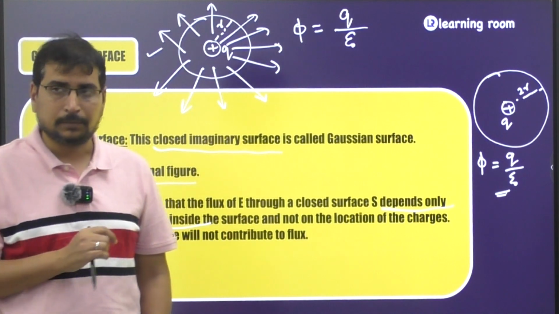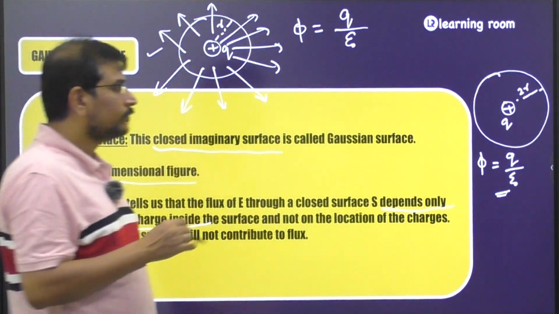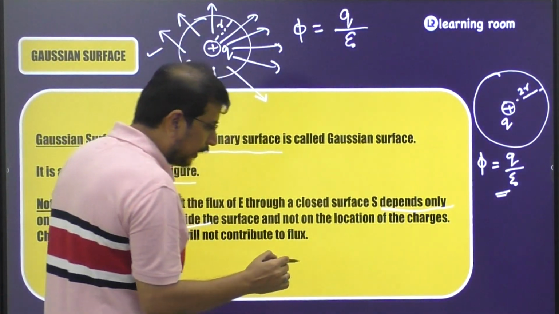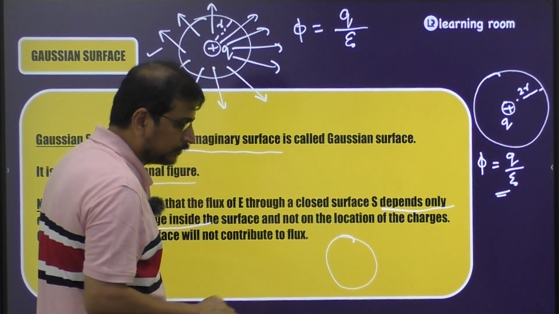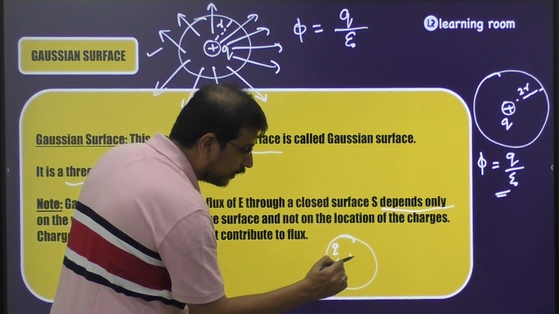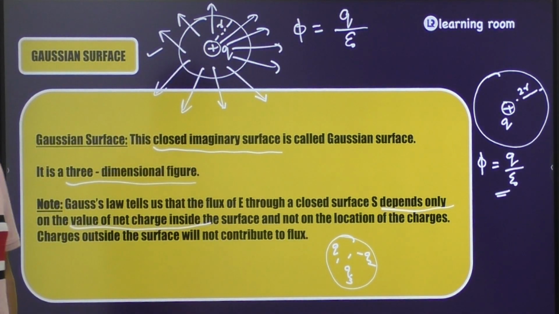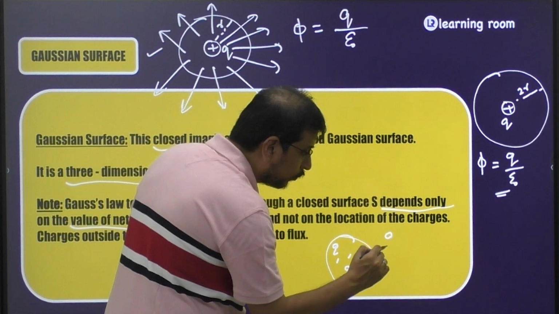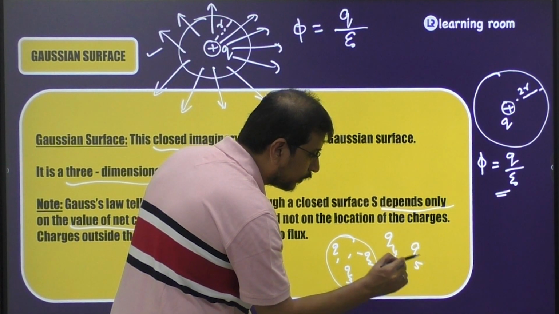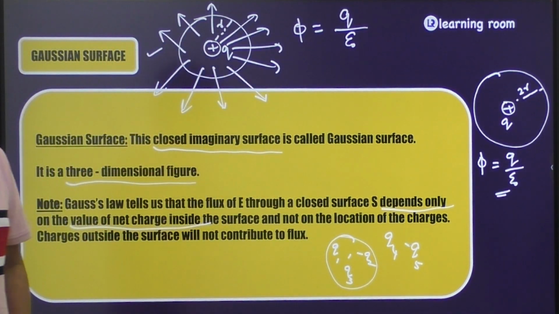Okay, this is one thing. Secondly, if I take another system like this, let's say I have charges Q1, minus Q2, Q3 present like this, and Q4 and negative Q5 outside. Then what is going to be the flux through this?